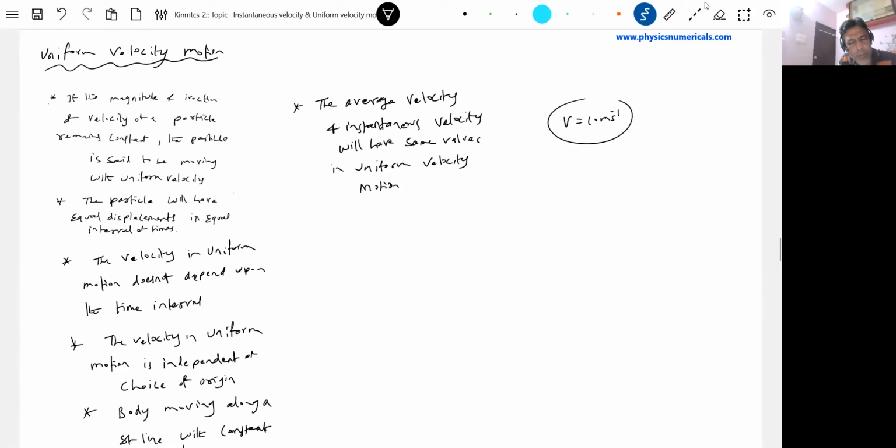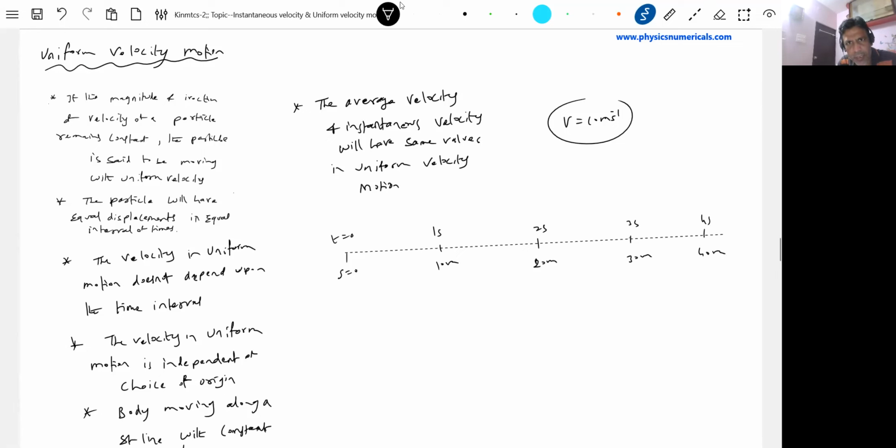For 1 second, it will move 10 meters. Not able to understand? I'll give an example. This is S equals 0, T equals 0. In 1 second, it will cover 10 meters. In the next second, it will cover another 10 meters, 30 meters, 40 meters.